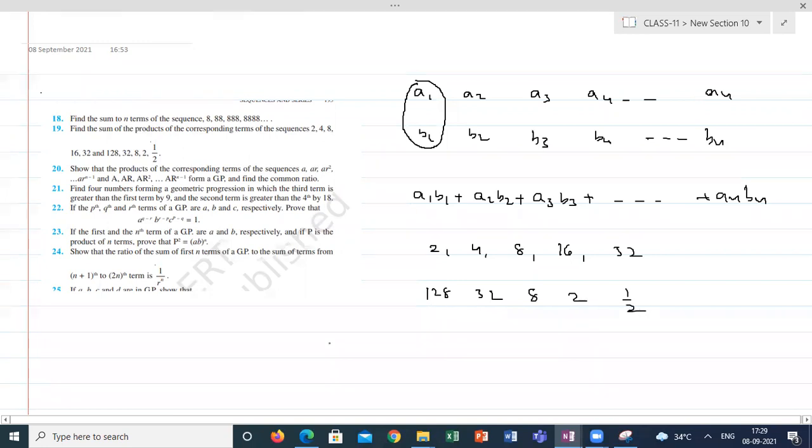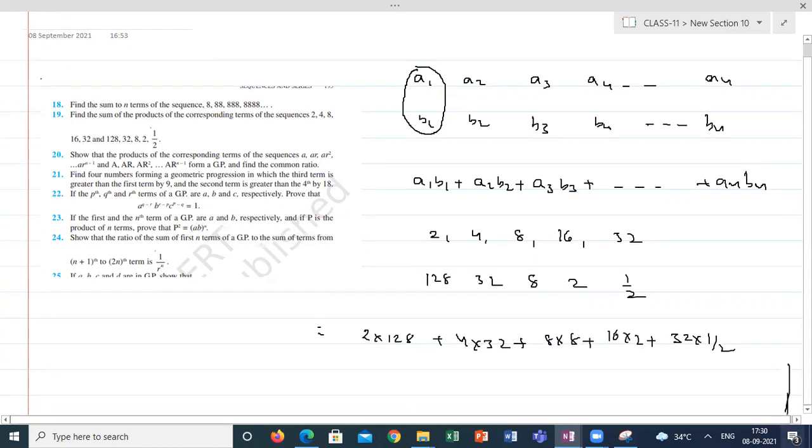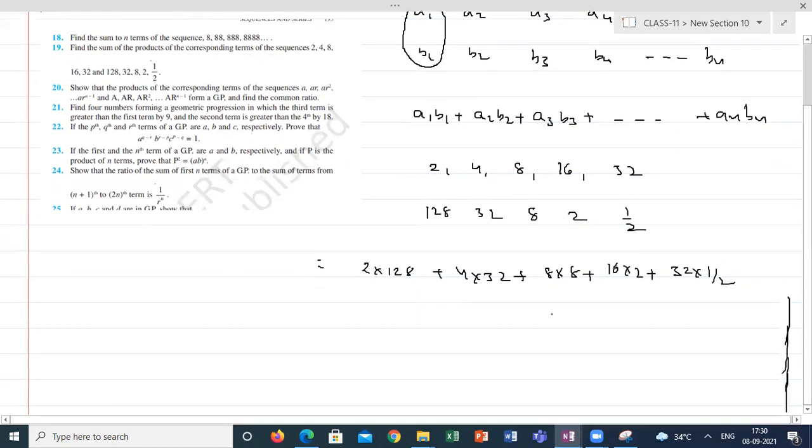He is asking us to calculate 2 into 128 plus 4 into 32 plus 8 into 8 plus 16 into 2 plus 32 into half. So what can I take common here? If I take 64 common, I will get 4 plus 2 plus 1 plus 1 by 2 plus 1 by 2 square.